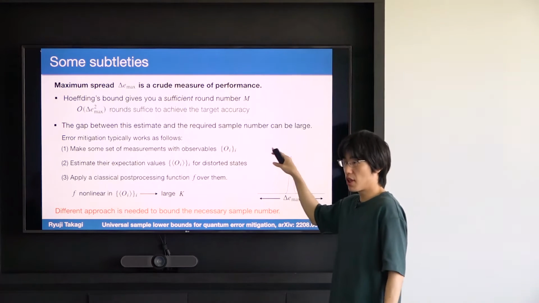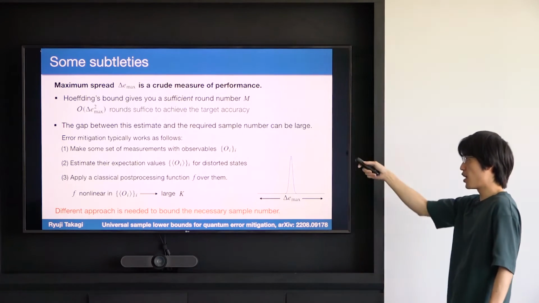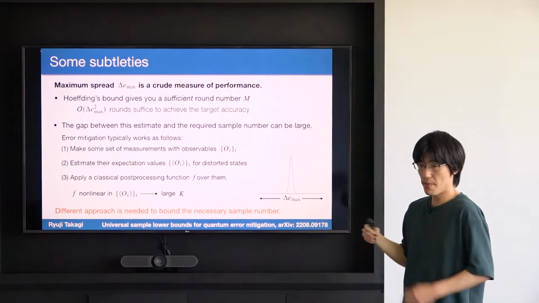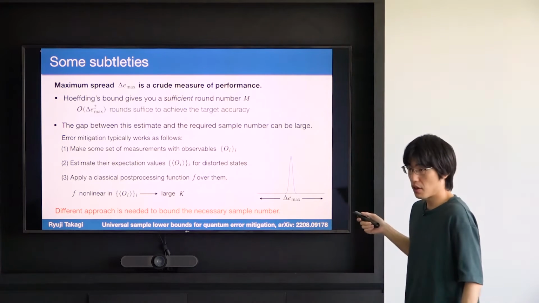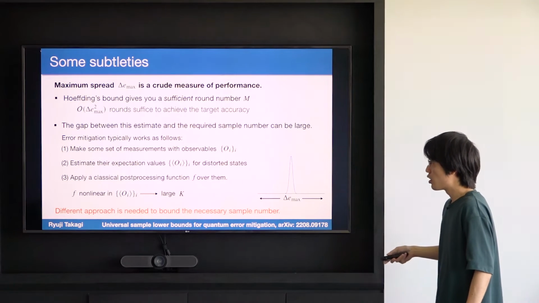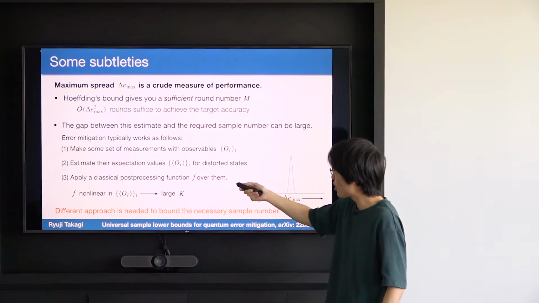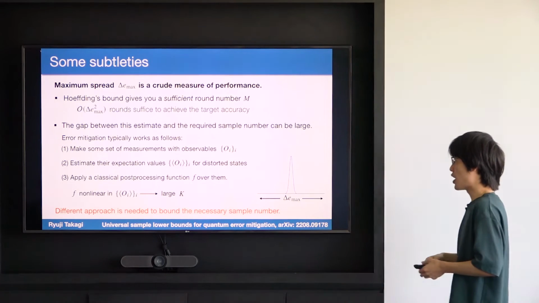And the second point is related to the first point, and the gap between the estimate from this Hoeffding bound and the required samples can actually be fairly large, especially if you think about the error mitigations that involve nonlinear post-processing. So to think about that, let me discuss that error mitigation typically works as follows.